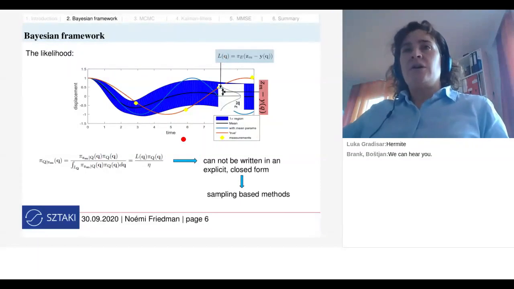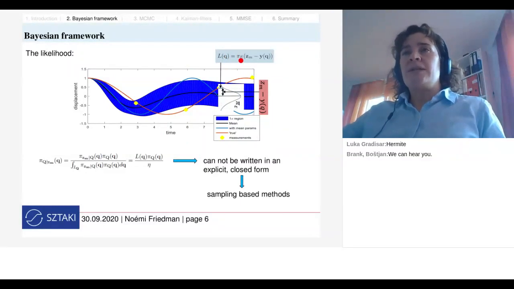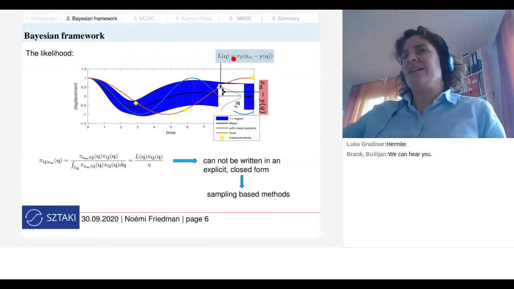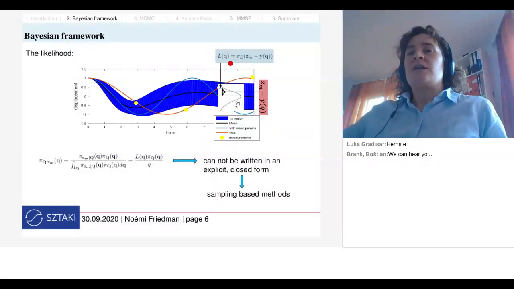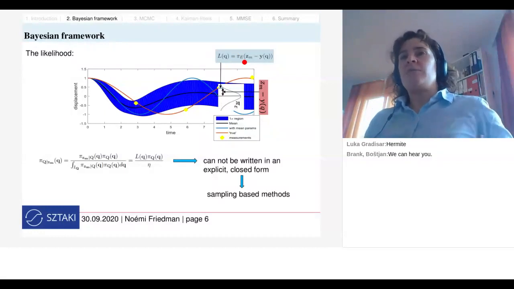And the way to give it is that you take the probability density function of the error term. This is something that you usually don't really know, but you just assume something, knowing what the measurements were done with, what equipment they used.